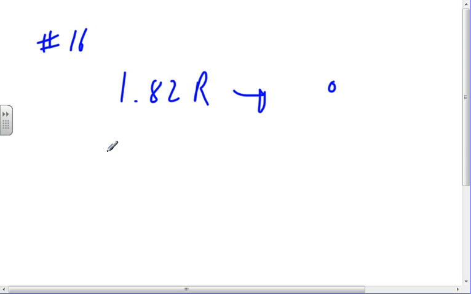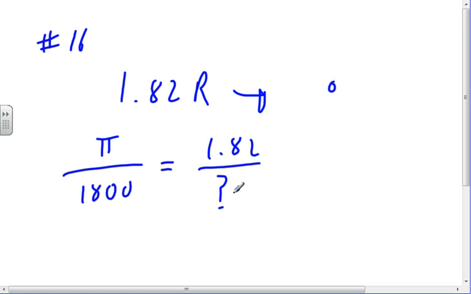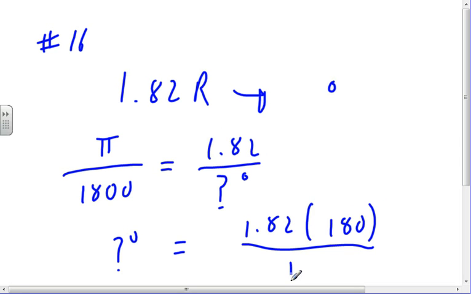Number 16. Got 1.82 radians, and I want to send that to degrees. Okay, so pi is to 180 as 1.82 is to some number of degrees. Cross multiply, degrees is equal to 1.82 times 180 divided by pi.